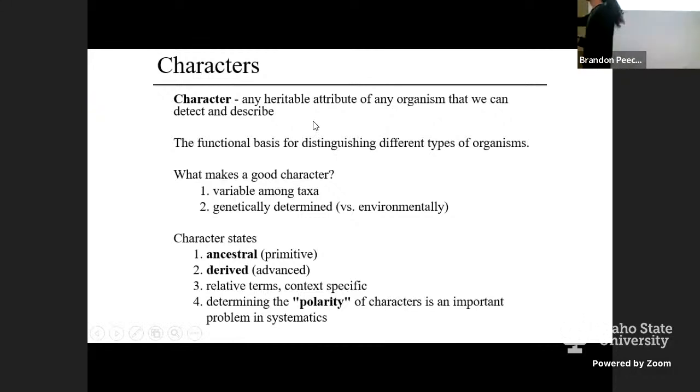I wanted to ask if you could throw any characters up here. Some people already have. Indeed, chloroplast is a great character. If I were to put a mark on this tree to say where chloroplasts evolved, this thing has chloroplasts, this thing has chloroplasts. I could say they each independently evolved chloroplasts, or that a common ancestor had them and they both inherited them. Any other characters?